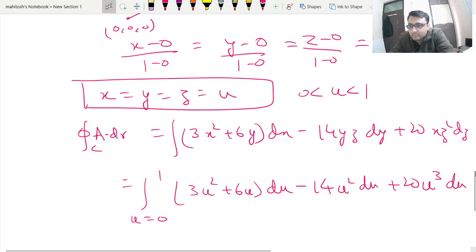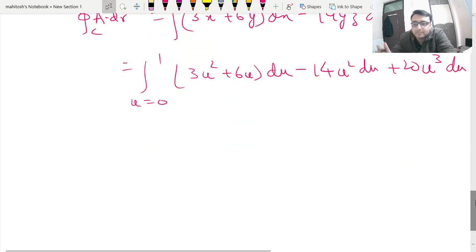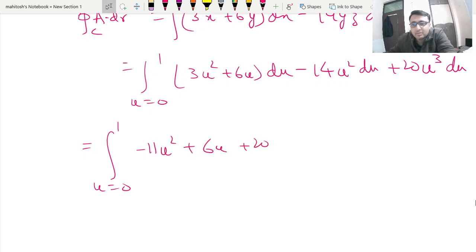Okay, now this can be written as 3 minus 14 is minus 11 u square plus 6u plus 20u cube du.